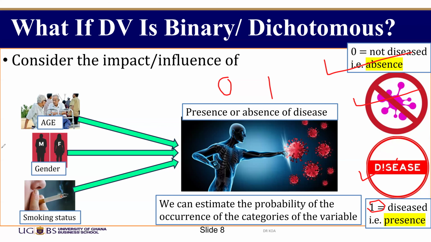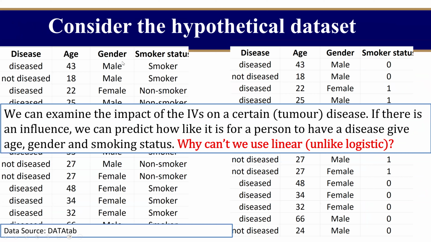We'll take another example. You will appreciate this example. I have a data set of diseases. Remember, the data ends in the middle here, and then it continues here. I have some individuals. The first person is diseased, as you can see. The second person is not diseased. The third person is diseased.